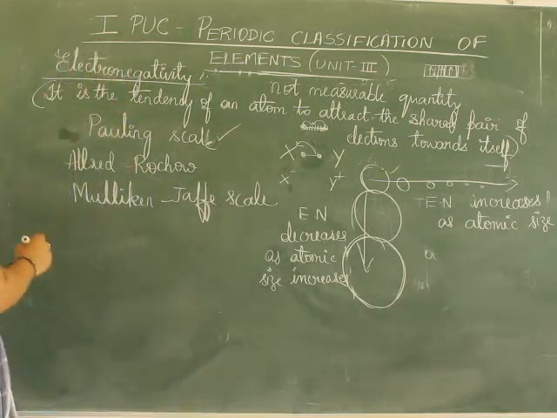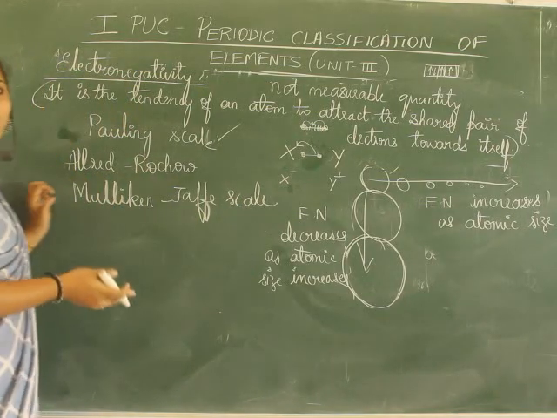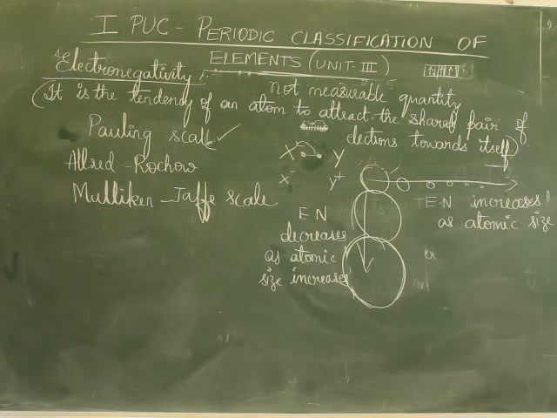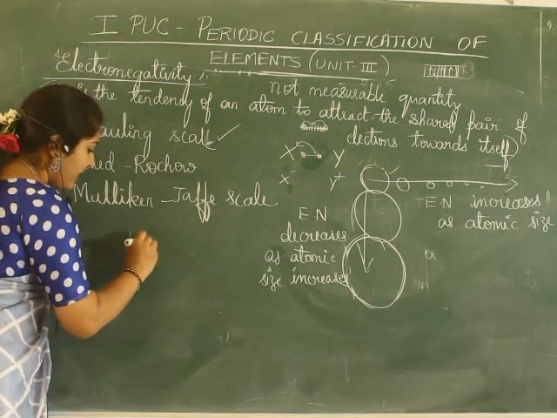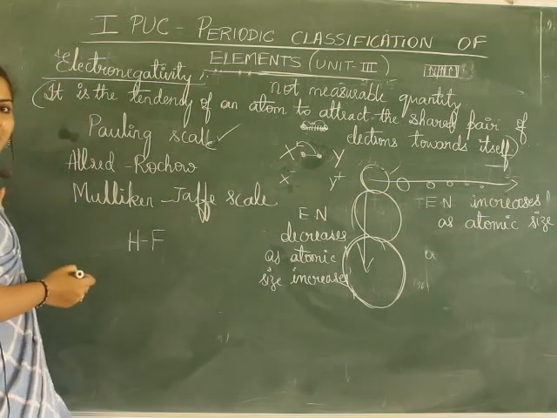And an example for electronegativity, the tendency of pulling the electron towards itself, as I told you. Say for example, now you have H and F, hydrogen and fluorine.